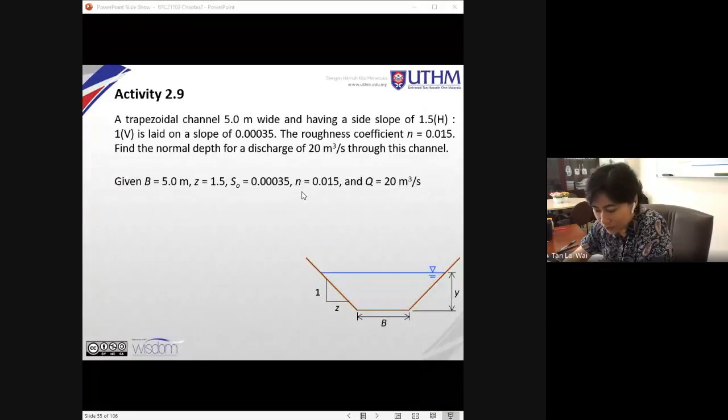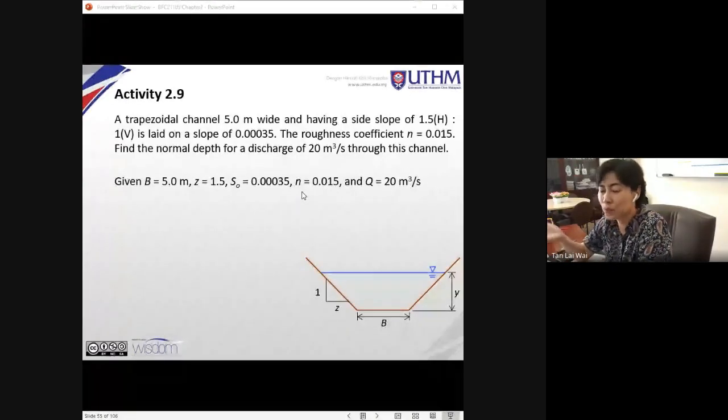Now, this is not as straightforward as before, where we were asked to find the longitudinal slope, the bottom width of a channel, even the side slope. We actually have to write our uniform flow equations, which are the Manning and or Chezy equation, in terms of section factor, because section factor, by definition, is a function of depth of flow.